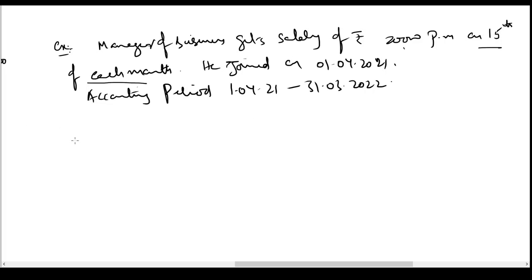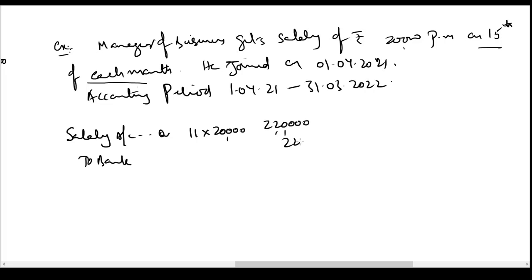So what are the accounting entries we would have passed? Salary account debit to bank account. We would have passed 11 entries of 20,000 rupees each, 2,20,000 we would have already paid in cash to him. This is salary for April 21 to February 22.